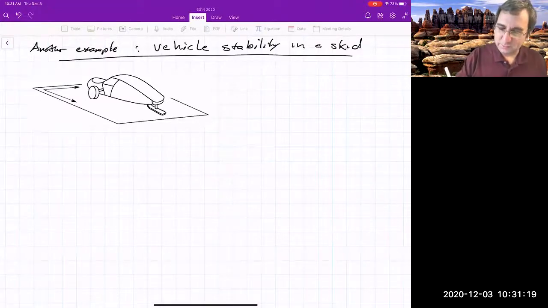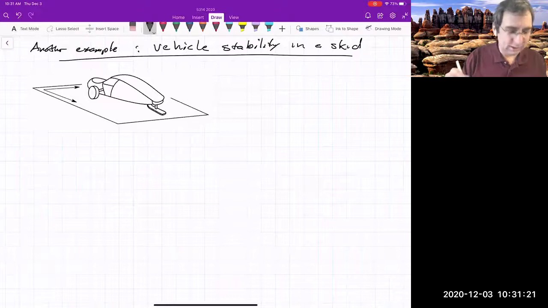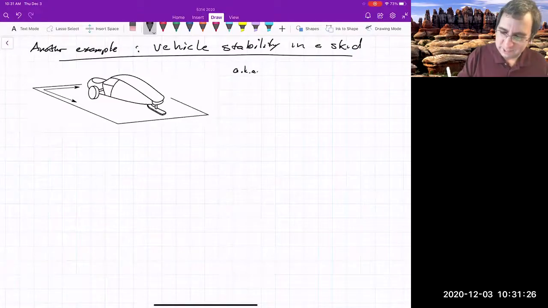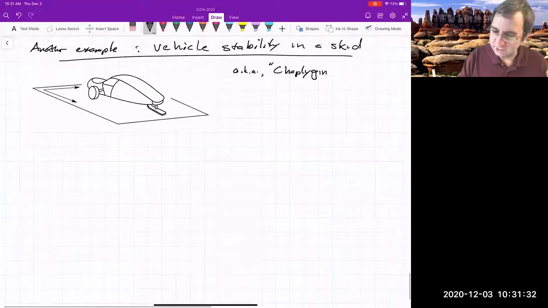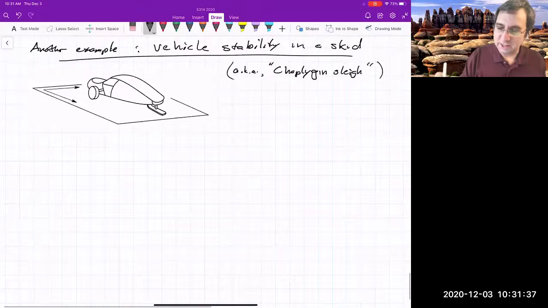This is also because I think a Russian mechanist studied this, whose name is Chaplygin. You might say it differently, but let's just say Chaplygin. So it's also called the Chaplygin sleigh.